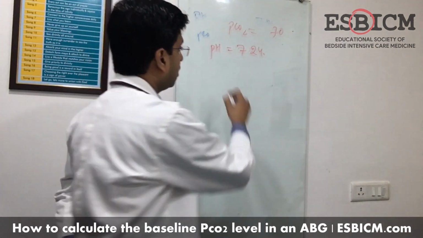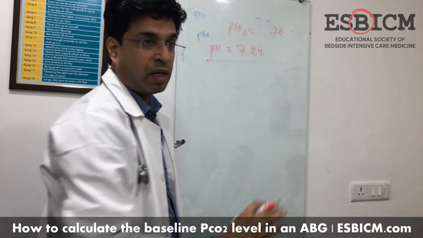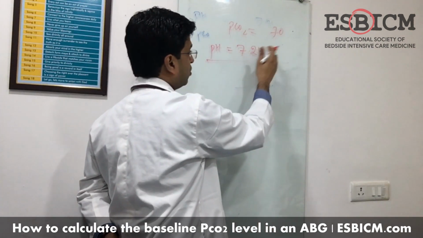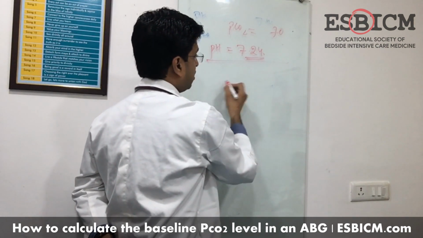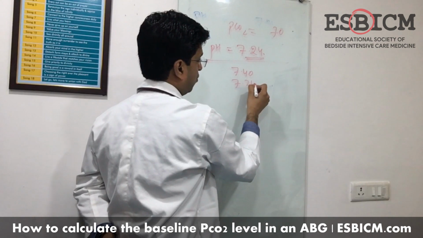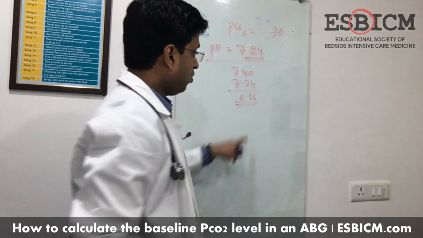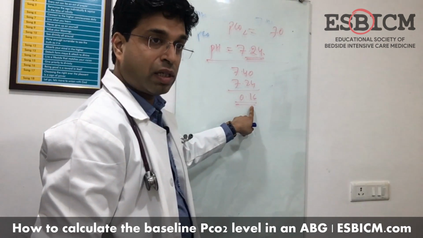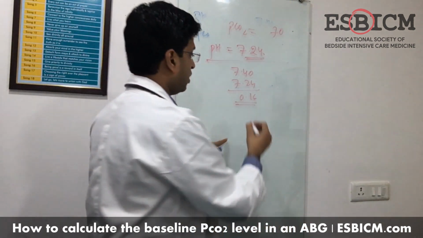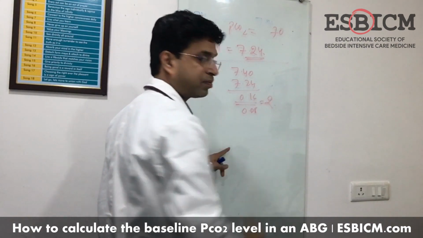Now this PCO2 is definitely above 35 to 45. It's respiratory acidosis. Now see how much the pH has changed from 7.40 to 7.24. It is 0.16. If we divide this by 0.08, it comes to twice.